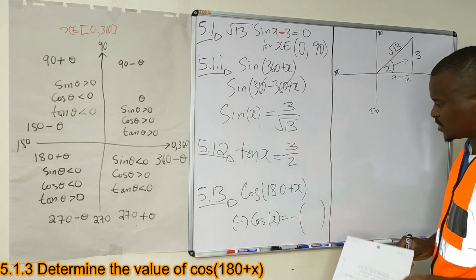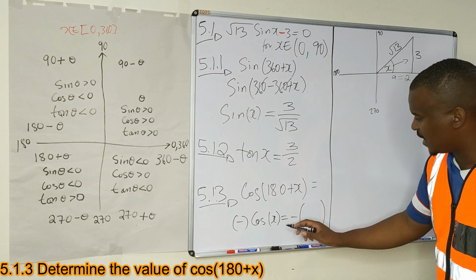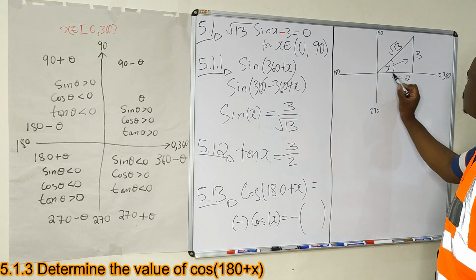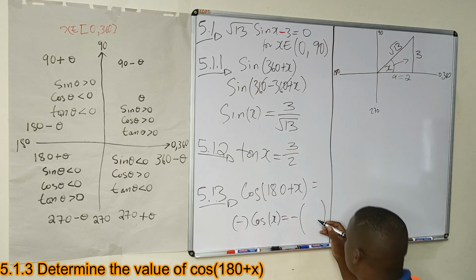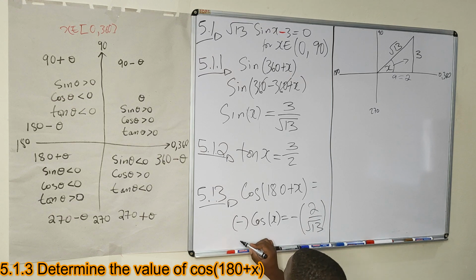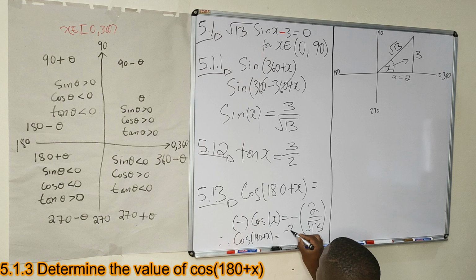What is cos x? Negative is there, cos x is this one. Cos x is adjacent over hypotenuse, which is 2 over root 13. Therefore, your cos of 180 plus x is equal to negative 2 over root 13.